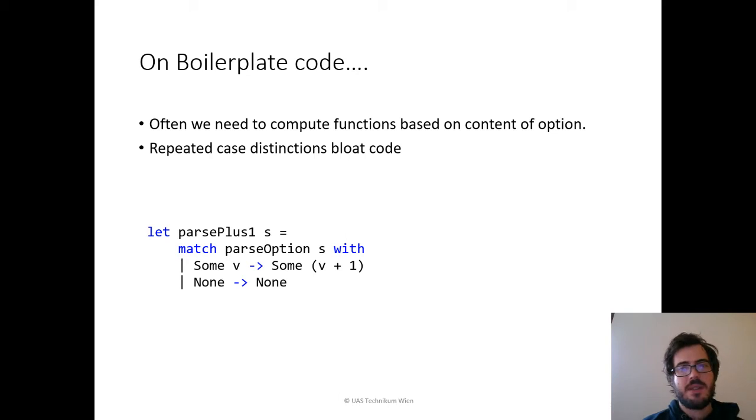So what happens when we have a lot of options in our code, and we take it seriously, and we use options every time we might not have a value? We often need to take care of a lot of options, and we need to pattern match a lot.